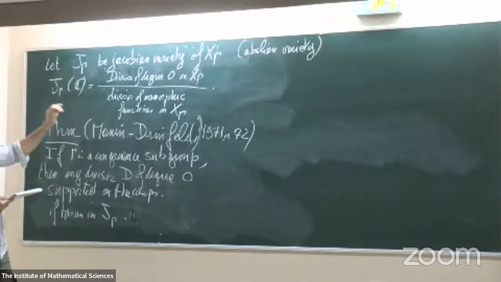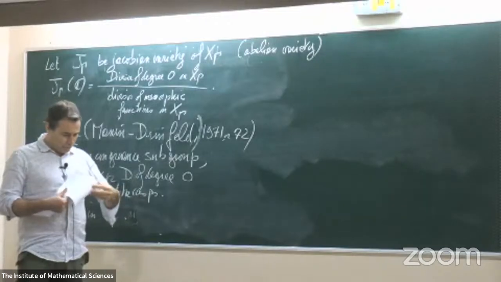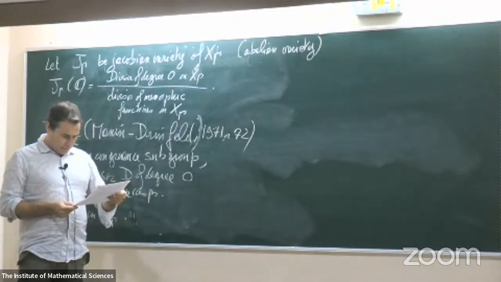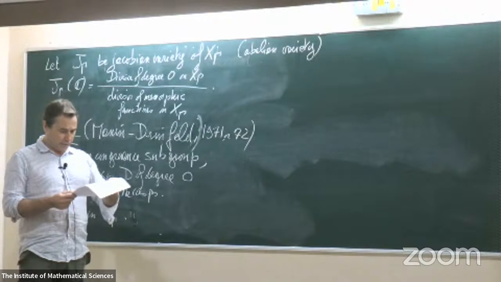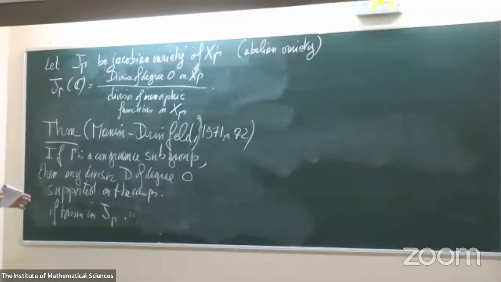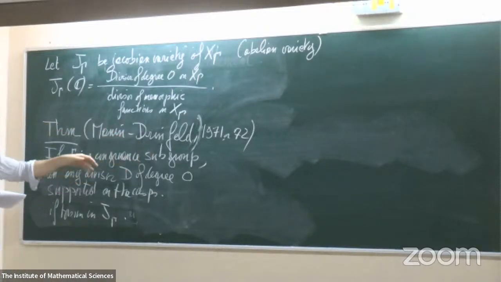This paper was submitted, I think I have the date, on the 10th of October 1971. And then there is a note in the paper. It says, added in proof, Drinfeld showed me that with this method you can prove this theorem. And in the following years there is a paper by Drinfeld where he actually proves the theorem.